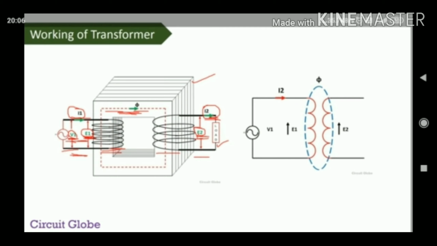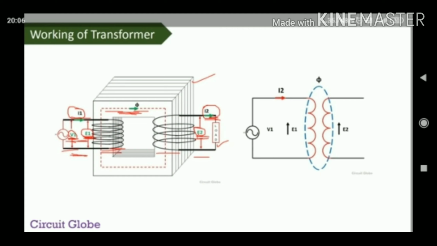There is a primary V1 and a secondary V2. These are the coils. In these coils, we pass the current on the primary side, and the secondary side is connected to the load. When we apply the current on the primary side, an EMF is induced in the primary coil.